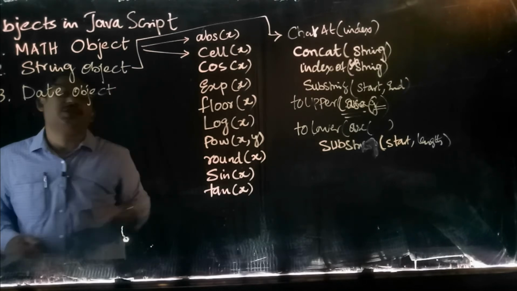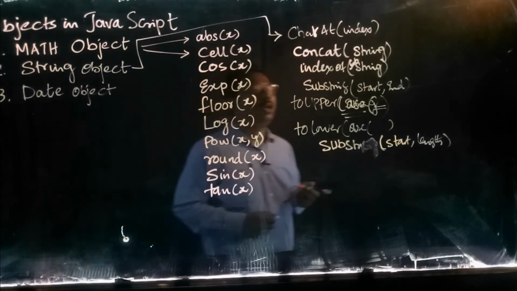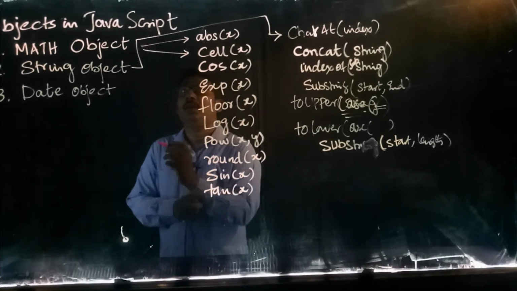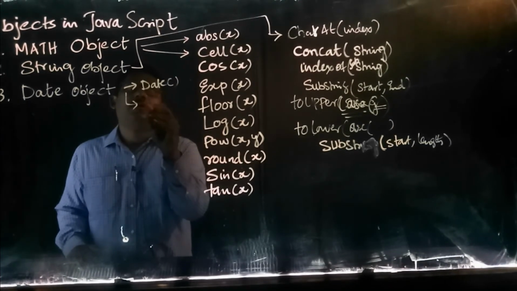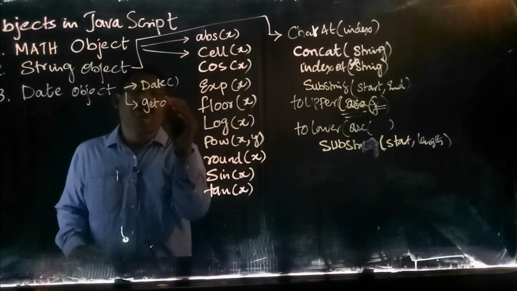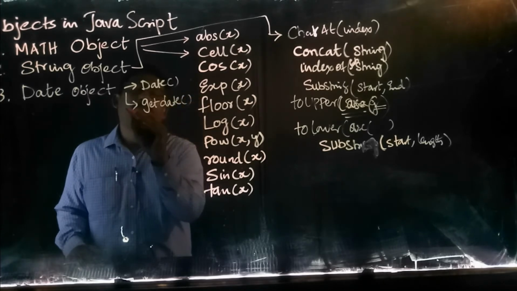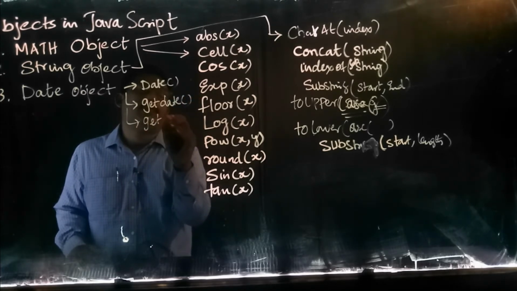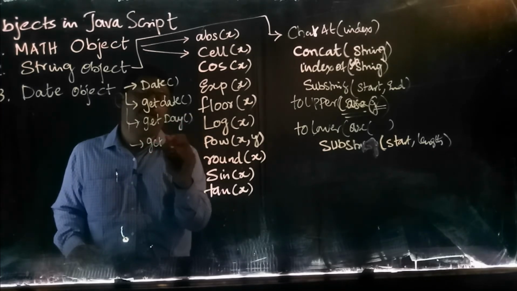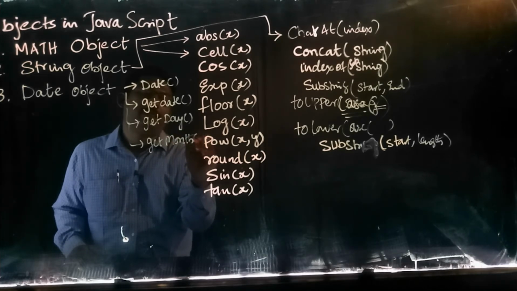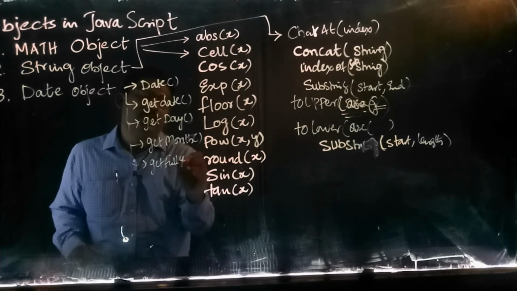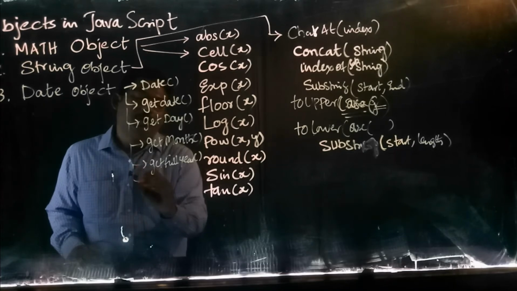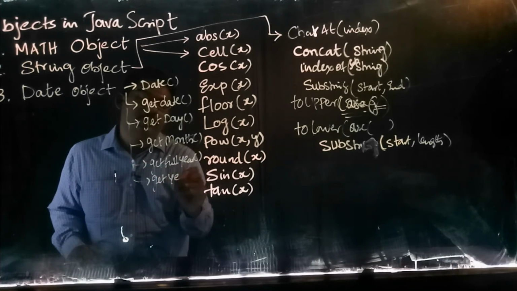After the string object, the next is the date object, where you can give the date object methods: getDate, getDay, getMonth, getFullYear, getYear.